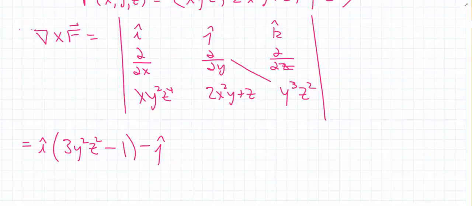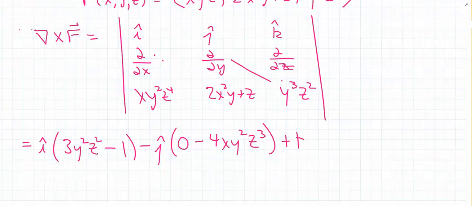And then j, I'm just working this exactly the way we always do in finding cross products. So now I block out the middle column, and I'm going to take the partial with respect to x. Well, that's 0. Then partial with respect to z, that's going to be 4xy squared z cubed.